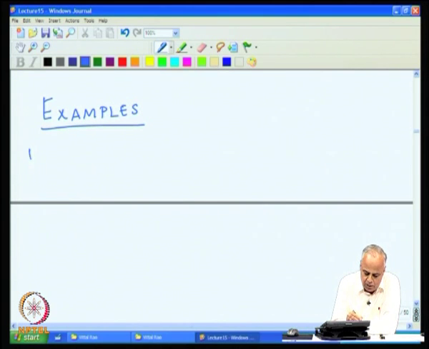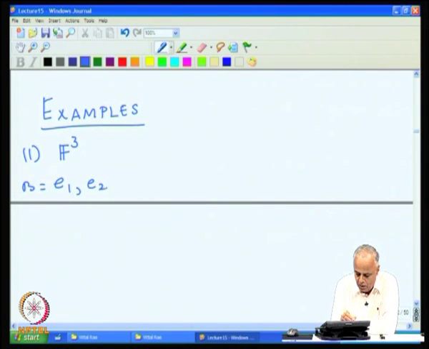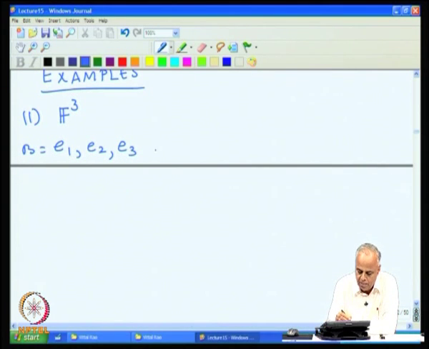So, let us look at the first example, F3, which is our standard example, and we know that B = {E1, E2, E3} is a basis for F3. What is E1, E2, E3?